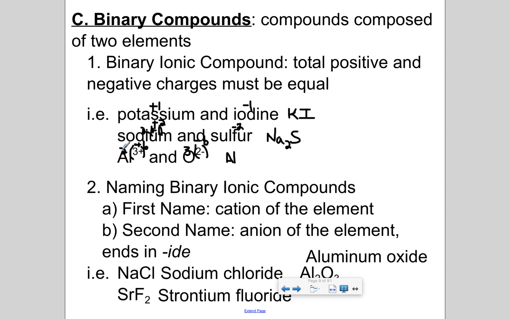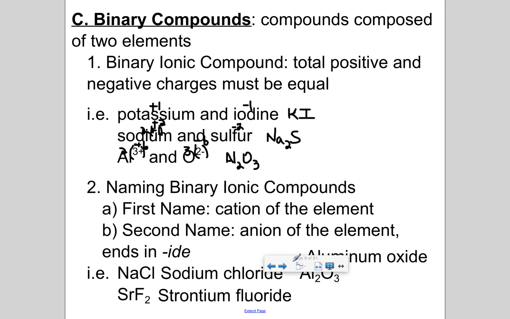Well, I took that charge and multiplied it by 2, so it's Al2. And then oxygen is O, but how many oxygens did you need to get to that -6? Well, I needed 3 of them. So AlO equals Al2O3.